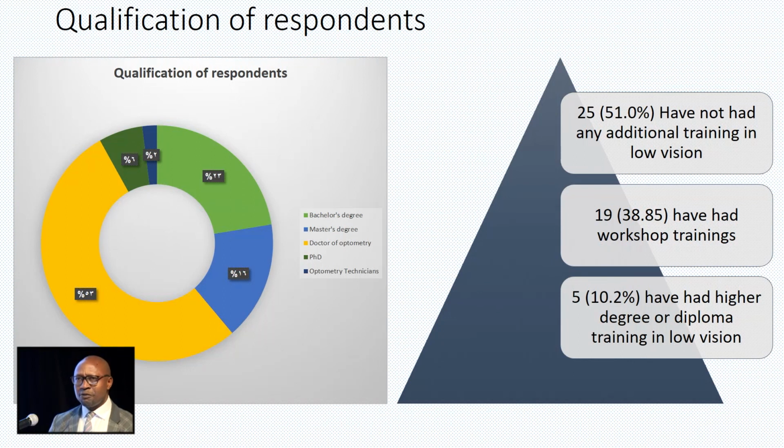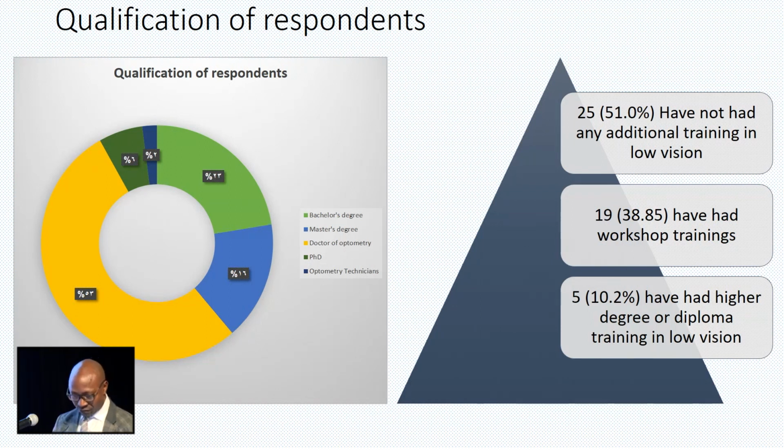I think for an association or for a profession, it is important that in a country we have a uniform minimum qualification. So if we're all moving up to OD, it is important that whatever needs to be done is done to ensure that everybody is at that minimum entry level. And of course, we have some with a master's degree and a PhD as well who responded to this questionnaire.